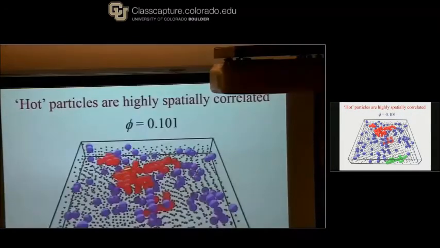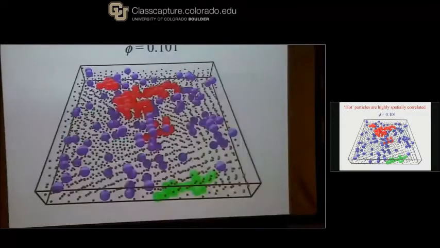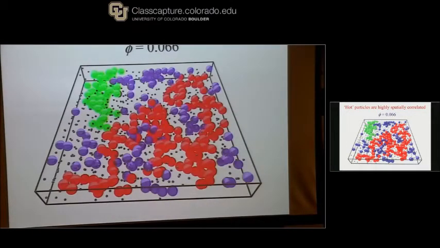The number of particles are growing, but moreover, they're strongly correlated. So those hot particles, here they're random, but there's a lot of clusters of hot particles. And as you get closer and closer to melting, you see these clusters of hot particles.